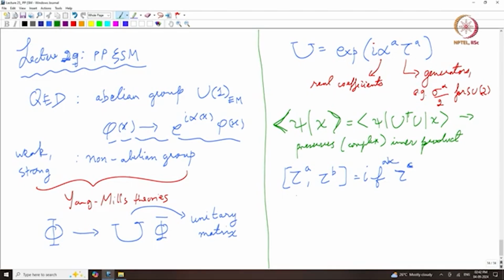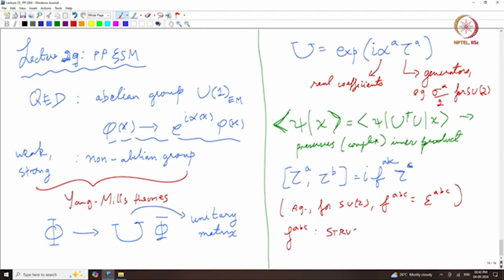Let me write it in red again. For example, for SU2, what is the f here? The f^{abc} is nothing but the Levi-Civita tensor, right? But similarly for any group, for any Lie group, you will have a unique f, and this f we can give it a name.